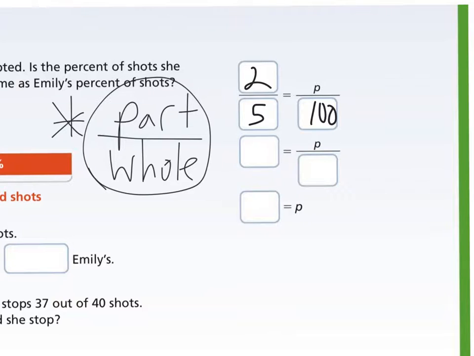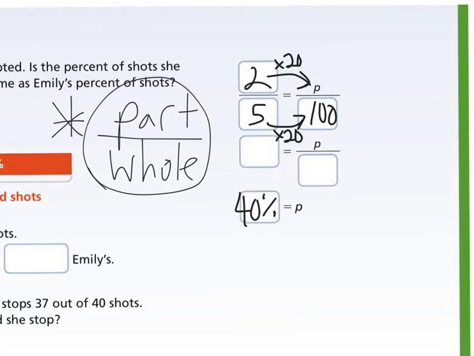We've talked about before, if you go towards the variable, you can multiply or divide. Finding a pattern works a lot of times. So going from 5 to 100 would be multiplying by 20. So 2 times 20 would be 40. So that would be 40%.